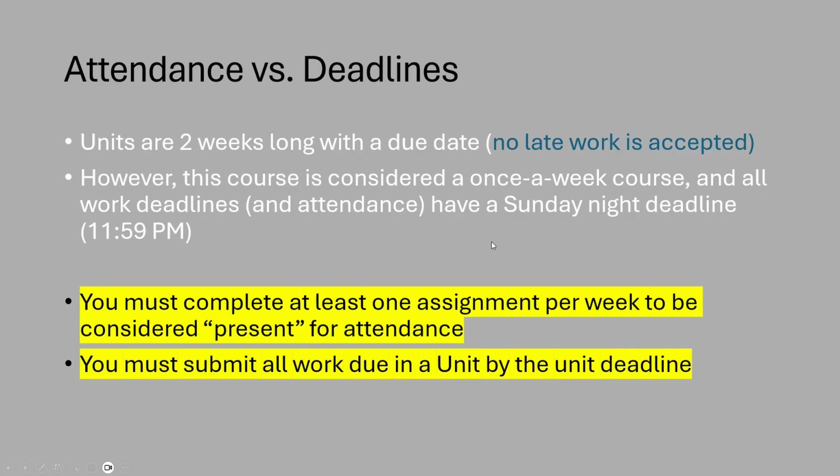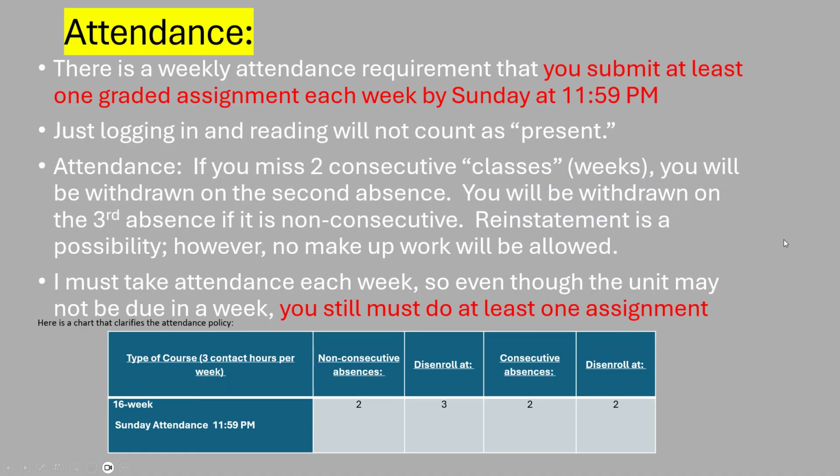So the units have their own deadline, but then there's the in-between weeks where there's not a deadline for the unit, but you do have to still work in the class to not be marked absent, okay? So again, not just logging in and reading, you must take at least a quiz or pass in the project, whatever it is. However, again, I'm recommending that you don't wait until the last week to do everything.